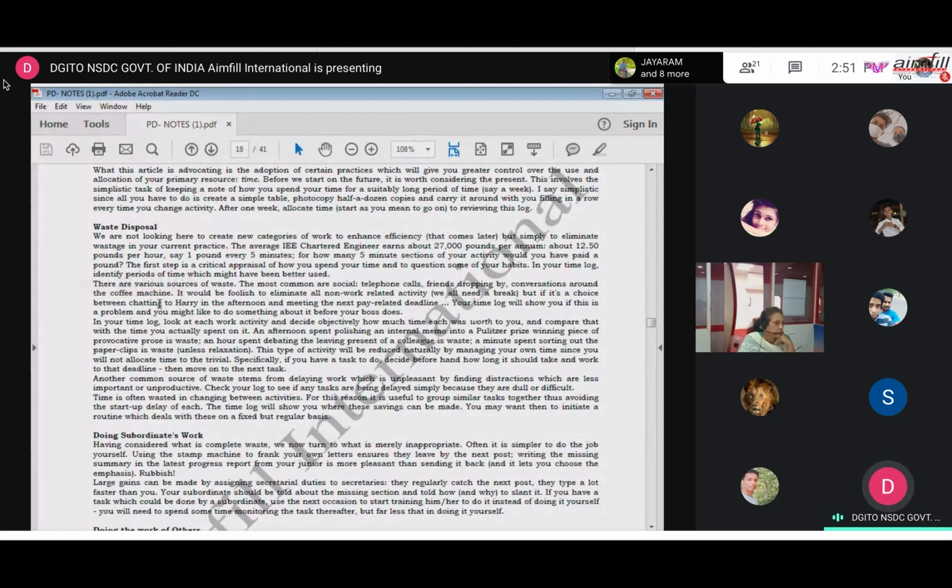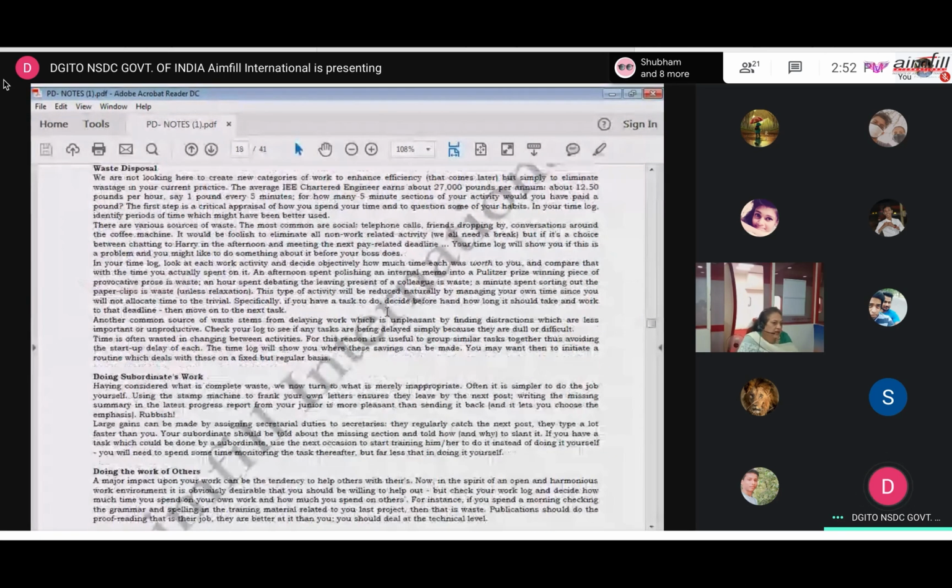But if the choice is between chatting to Harry in the afternoon and meeting the next pay-related deadline, then your log will show you if this is a problem. You might like to do something before your boss comes. So if the choice is between this, then you better think about the work, because your boss is not going to like it if you while away more time. So these examples they have given you, you can just read and see the examples for time management. Okay.